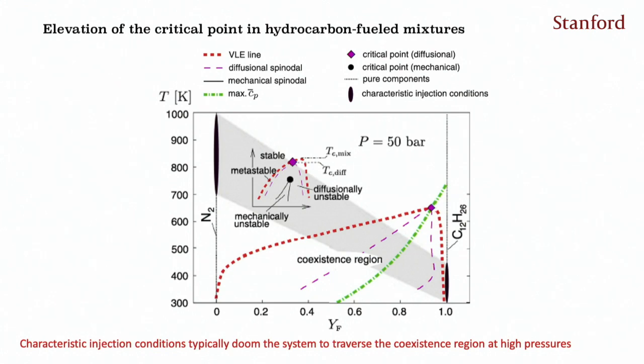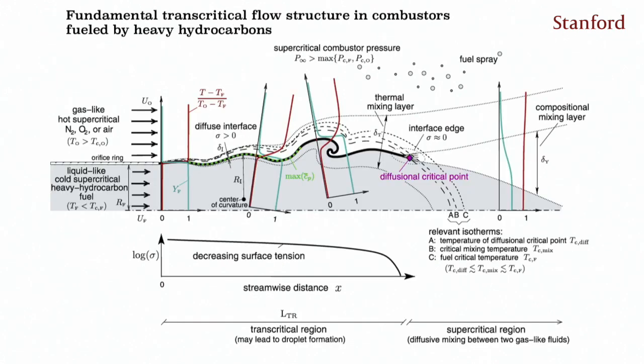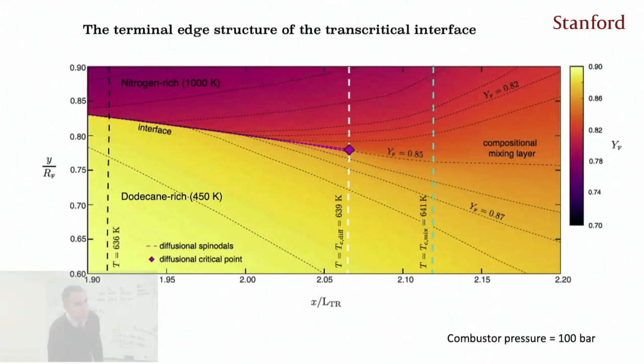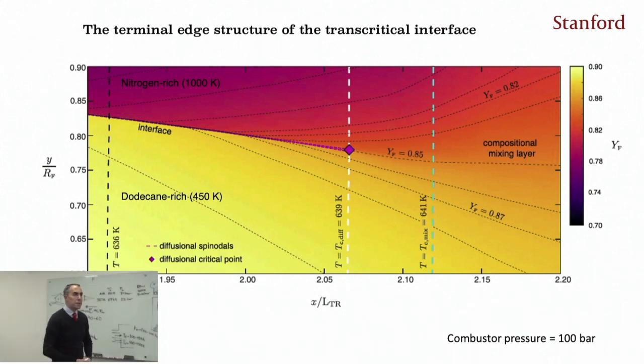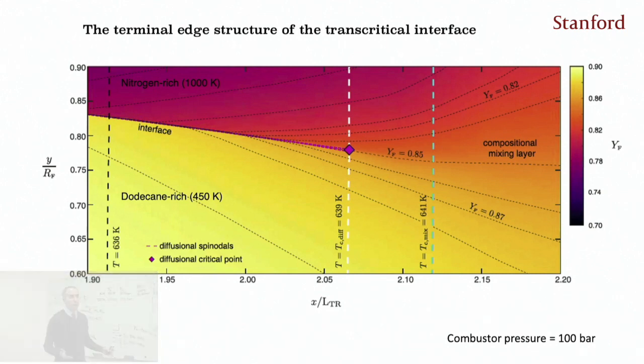Here, again, I have not explained what a diffusionally unstable mixture is, so I can only give you very superficial comments about this. I will just show you one plot, which is the structure of that edge, which can be calculated numerically. To date I have not seen this structure reported other than in our paper.